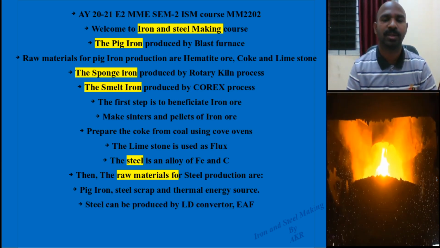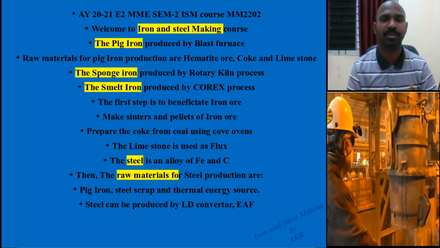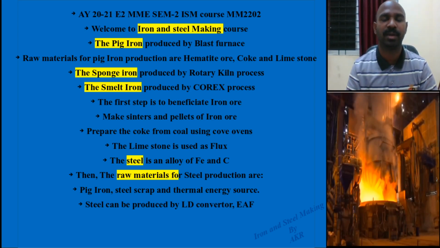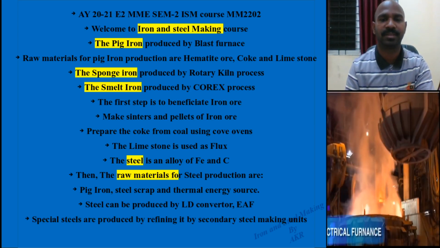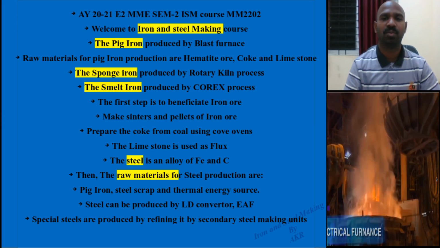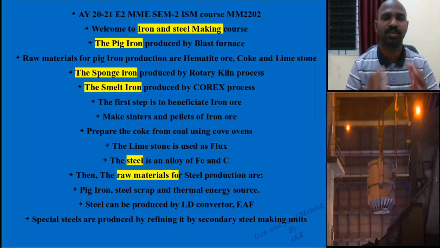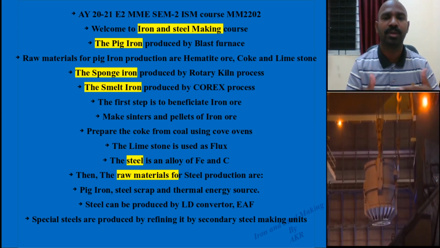Steel can be produced by the Linz and Donawitz converter and the electric arc furnace. Special steels are produced in secondary steel making units, that is, further refining units.